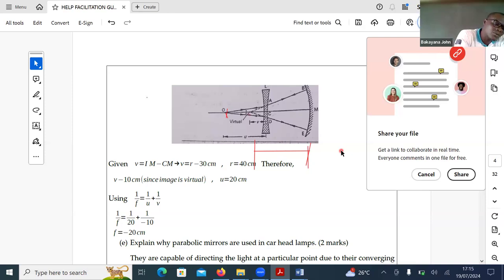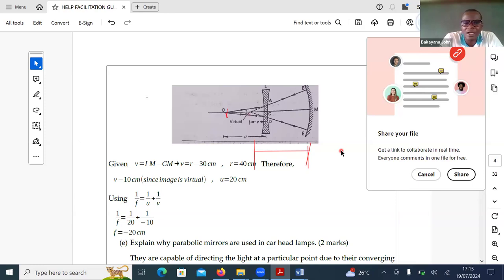In the question we are given the focal length, which was 20 centimeters. So if the focal length is 20 centimeters, times 2, it means the radius of curvature is 40 centimeters. Is that okay? So if I subtract 30 from the radius of curvature, I get 10.